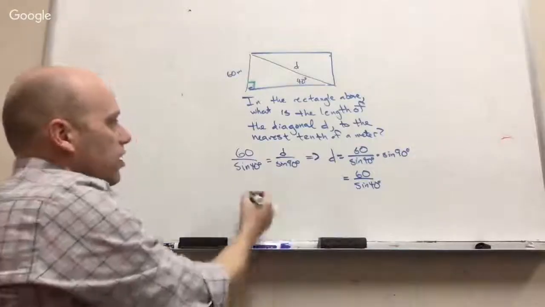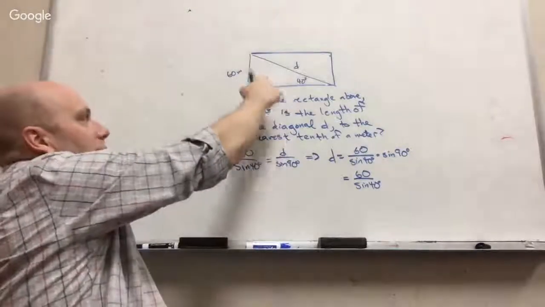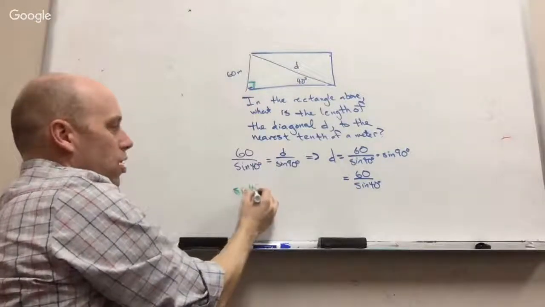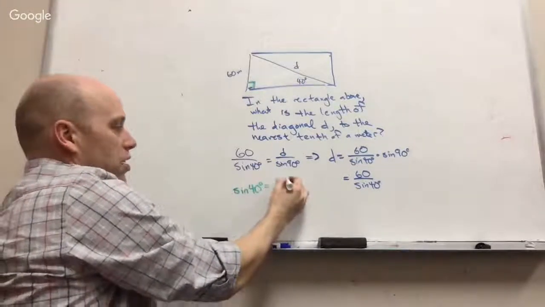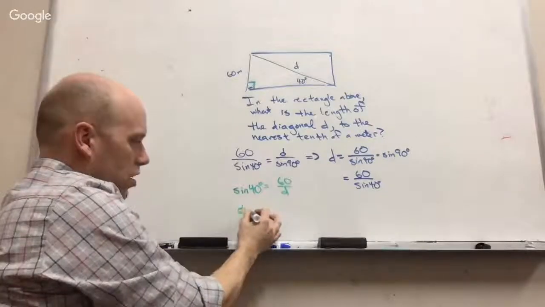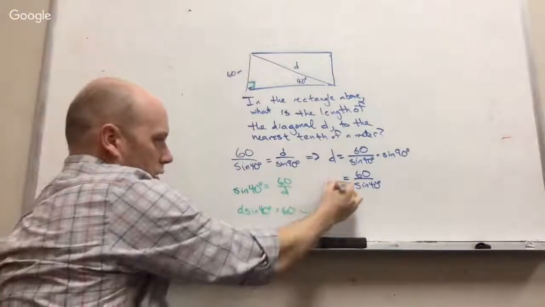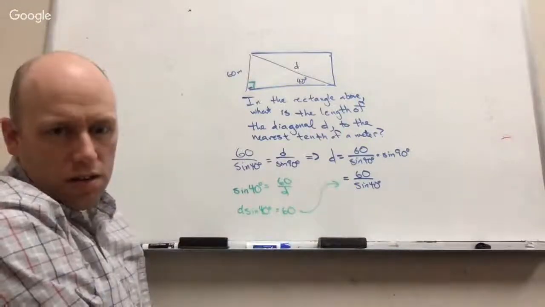A right triangle. We could have just used SOHCAHTOA too. Exactly. I know the opposite, I want the hypotenuse, so sine of 40 degrees is equal to 60 over D. Solve that for D: D sine 40 degrees equals 60, and you get the same thing we already expressed.